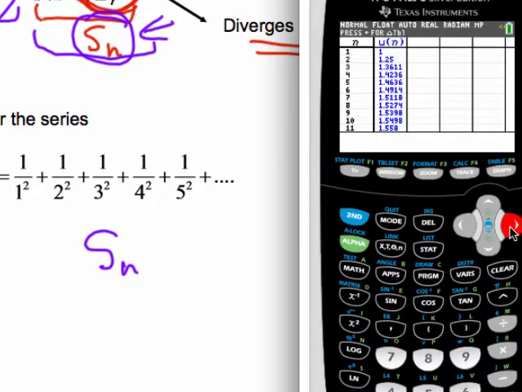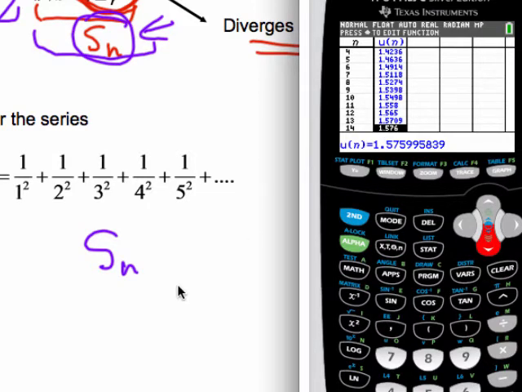In the table, I can see the sum of the first two terms is 1.25. That matches what I have on the screen. Plus a ninth would be that. I can see that the sequence of partial sums seems to be getting close to some value, but I don't actually have a way to find a formula for Sn by which I can calculate these values.